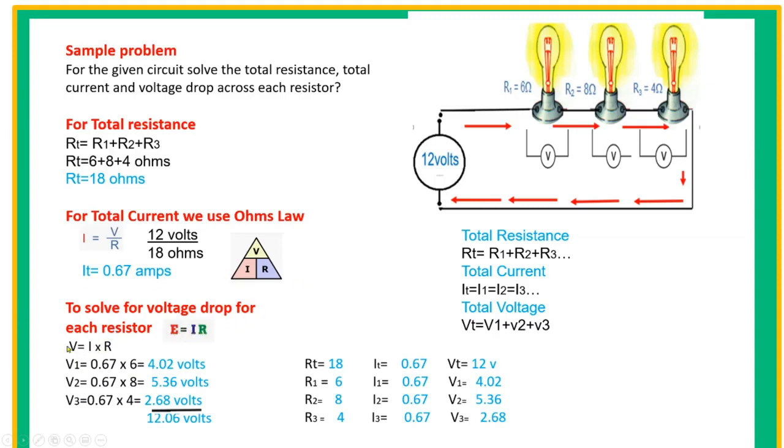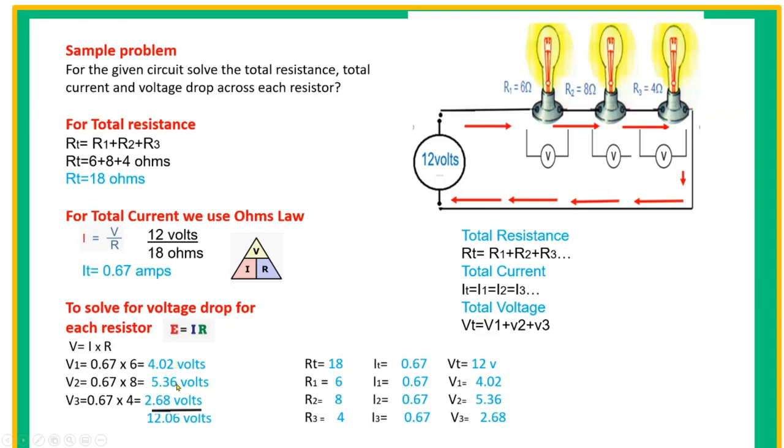Our total voltage is 12 volts. For V1, we take 0.67 times 6 ohms. 0.67 is the current, and we multiply it by the 6 ohms resistance of R1. So we get 4.0 volts. The same goes for the voltage drop of resistor number 2.